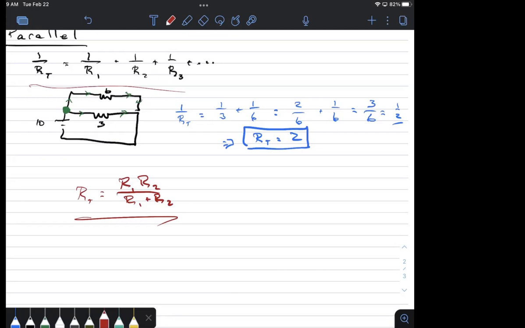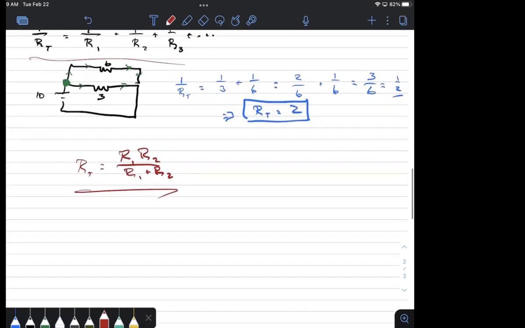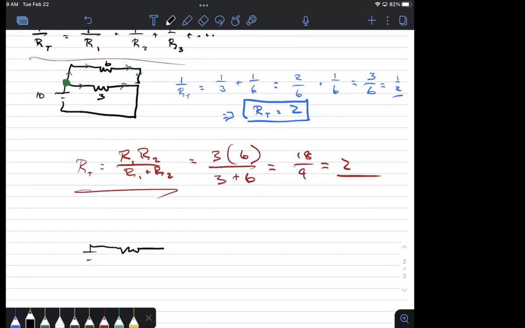The reason I never use it is because it only works if you're only talking about 2 resistors. So for instance, it works here. If we look, we say, okay, what's R1 is 3 times R2 is 6 divided by 3 plus 6. So it's 18 over 9, which is 2. Hey, that gives me the answer. Perfect.